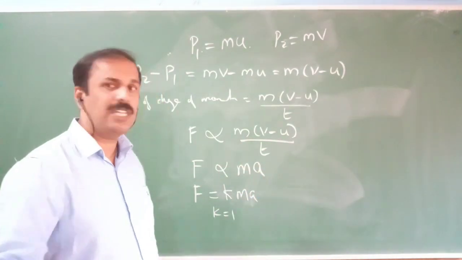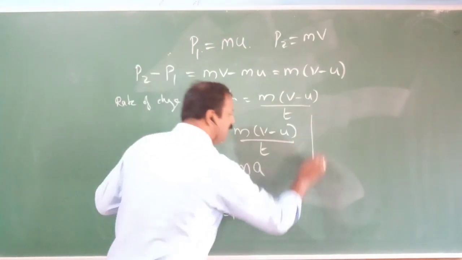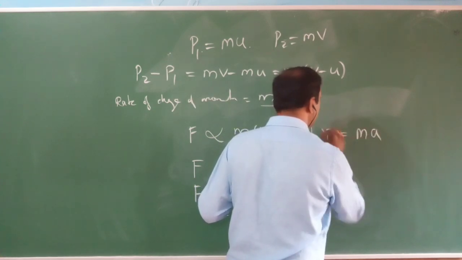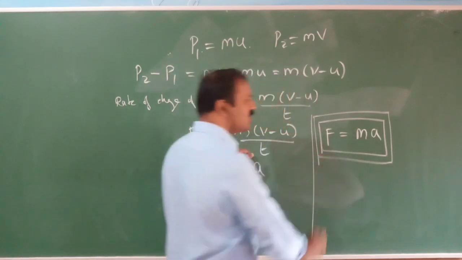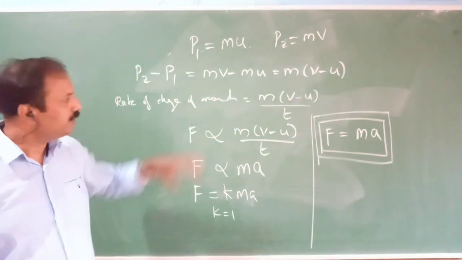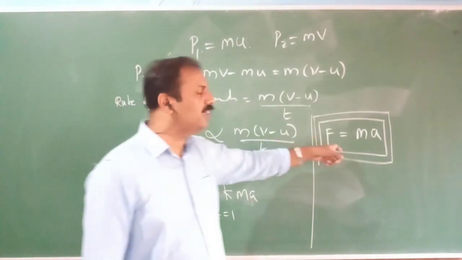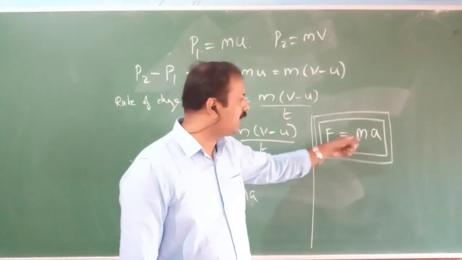That's why k becomes 1. If k is 1, then what is our final equation? F is equal to ma. This is the equation which corresponds to Newton's second law. You have to study this derivation step by step, and you will get numerical problems based on the final equation, F is equal to ma.